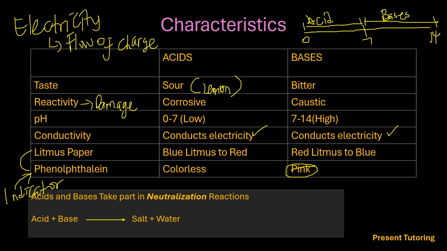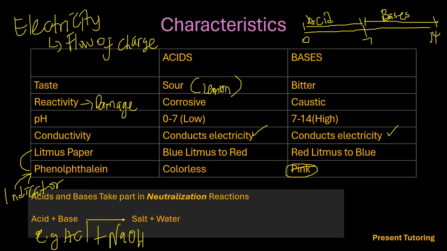And then acids and bases are usually able to take part in something called a neutralization reaction. This is when an acid reacts with a base and it produces salt and water. An example of this is, let's say you have hydrochloric acid reacting with sodium hydroxide.